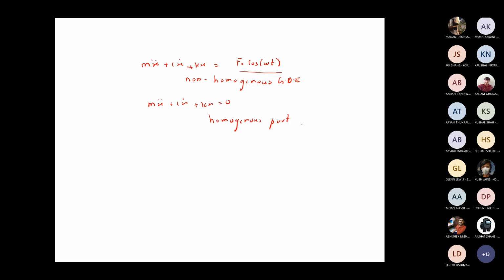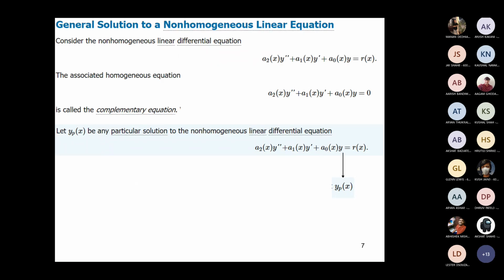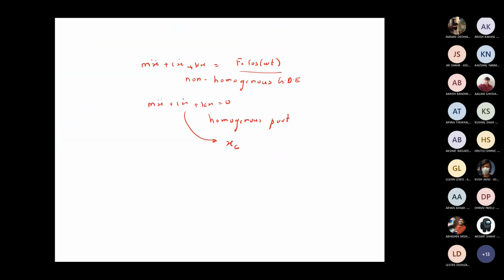And the solution of this homogeneous part is called the complementary function. Last time we derived that. And this equation will also have a particular solution. For the particular solution, we said that x_p is equal to some X cos omega t.